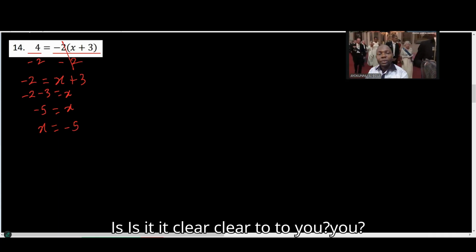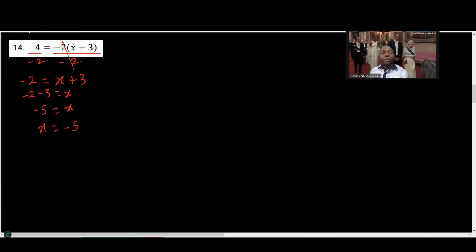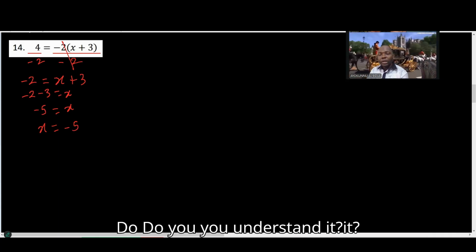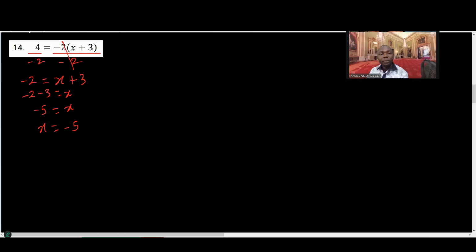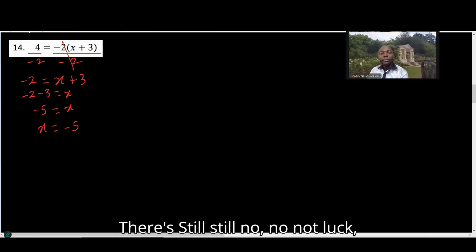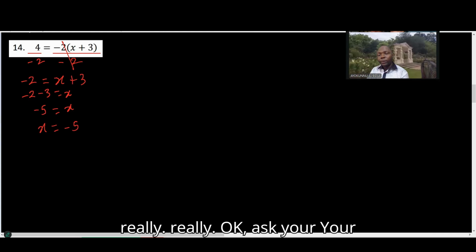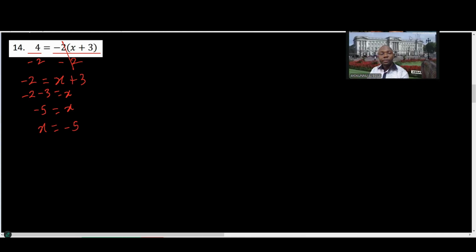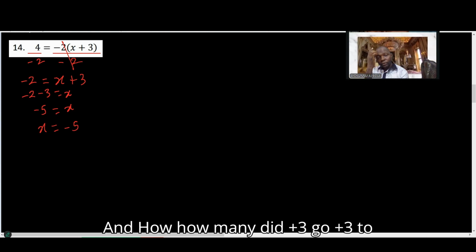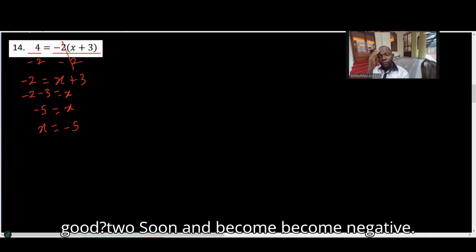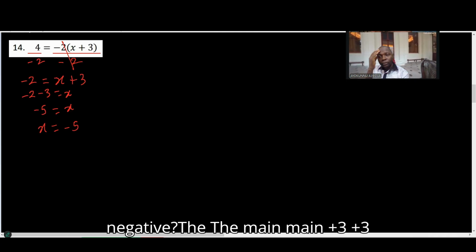Is it clear to you? Do you understand it? Still no, not really. Okay, ask your question. How did +3 go to 2 and become negative?